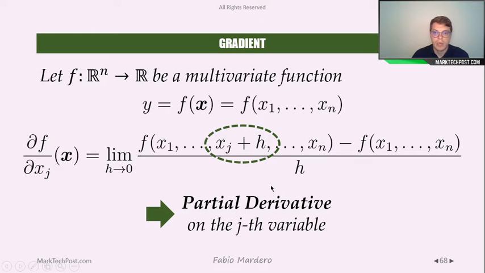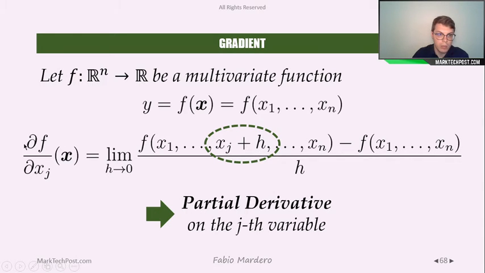Here we cannot make use of derivatives, but we have to define partial derivatives with respect to one variable, because here we have n variables, an n-dimensional domain. So to take a small variation, we have to choose the direction of this variation. For example, here we express the partial derivative.